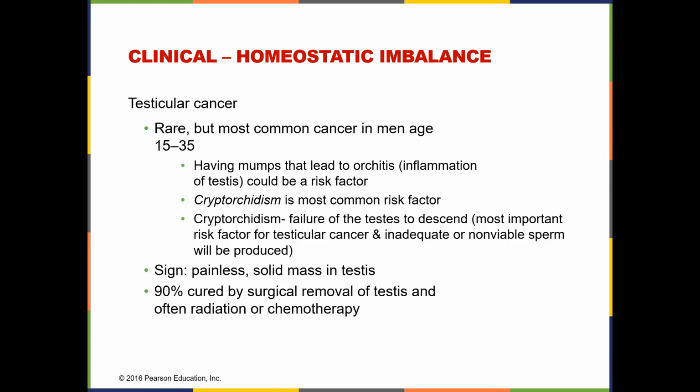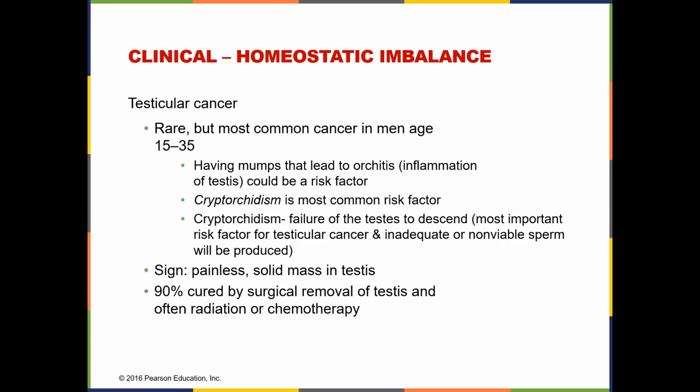Well, a male that had mumps. Mumps is a bacterial infection that inflames the parotid glands, but if it also manages to spread to the testicles, it will cause the testes to become inflamed.